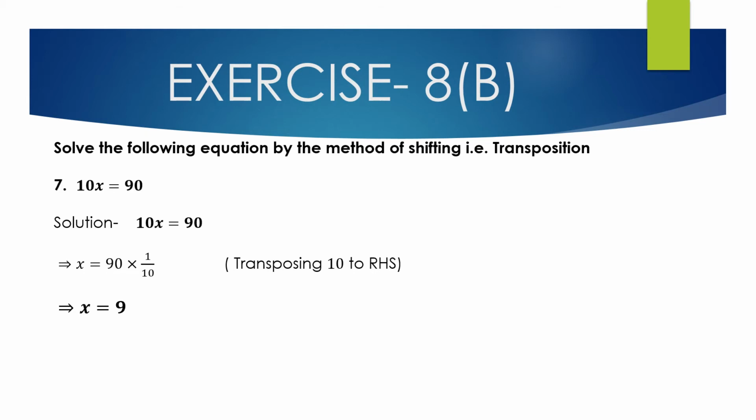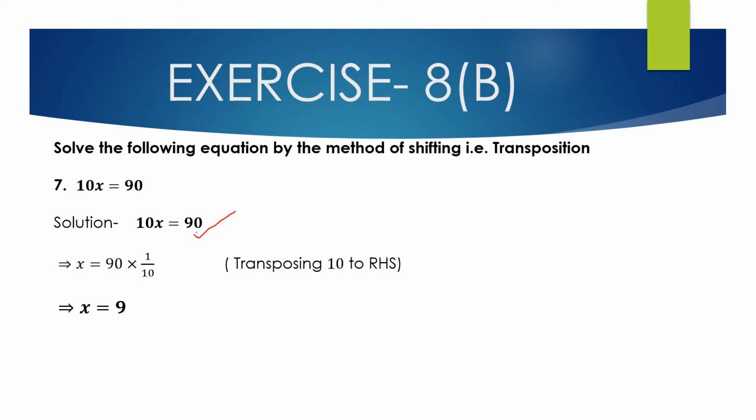Now we will solve question number 7. Question number 7 is 10x equal to 90. Now we have to solve the value for the variable x using the method of shifting or method of transposition. 10x equal to 90, this is the equation given.